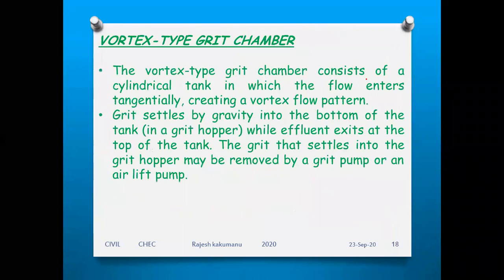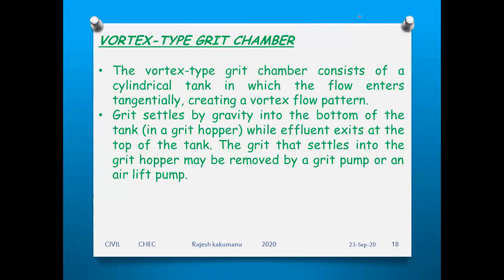Next one is the vortex type of grit chambers. What is the vortex type? The second type of grit removal is the vortex type. The vortex type of grit chamber consists of a cylindrical tank in which the flow enters tangentially, creating a vortex flow pattern.